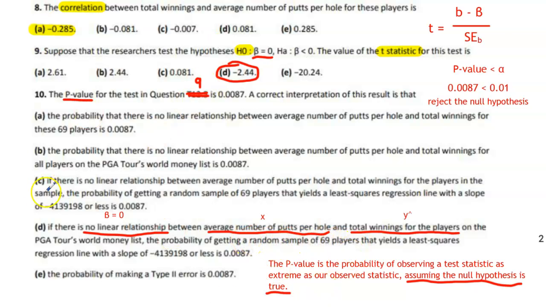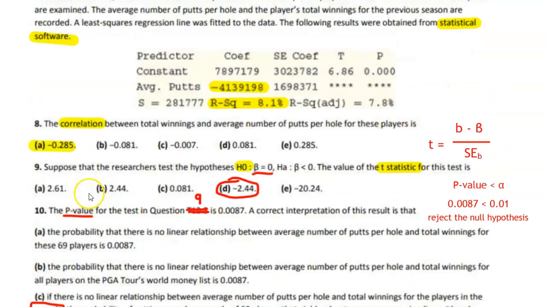Now, letter C says something very similar, but there's one problem with letter C. Keep in mind that letter D is talking about the p-value for the test. The test is testing a population parameter. C says if there's no linear relationship, and so on, for the players in the sample. Oh. So now, the players in the sample, we already know whether there's a linear relationship. That's what this is.